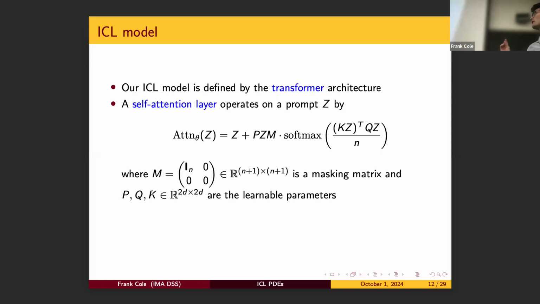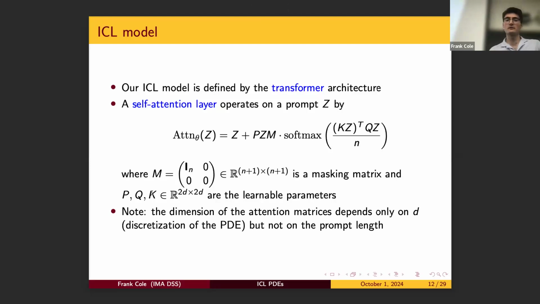So the softmax originates from the use of attention in machine translation problems, where you're trying to output a probability distribution over what the most likely word in the vocabulary is after conditioning on the first few words of a sentence.